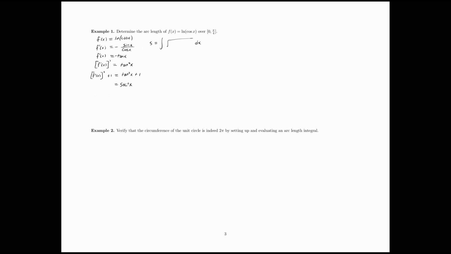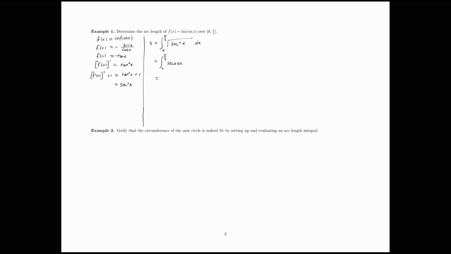So our bounds are going to be 0 to pi over 4, and we have secant squared of x as our integrand. This, of course, will simplify into the integral of secant. The integral of secant is a slightly complicated integral. This is something you're allowed to just look up, secant or secant cubed, if it ever comes up.